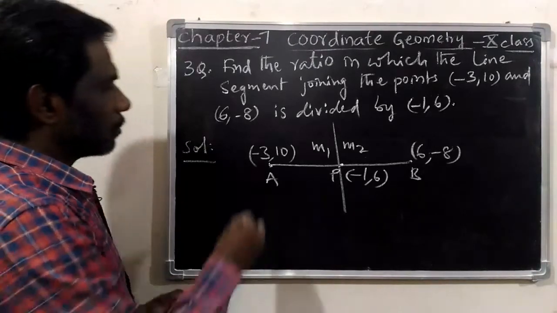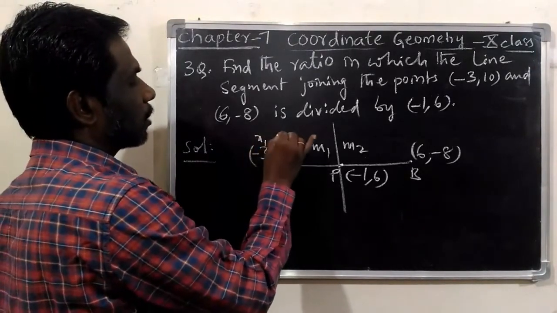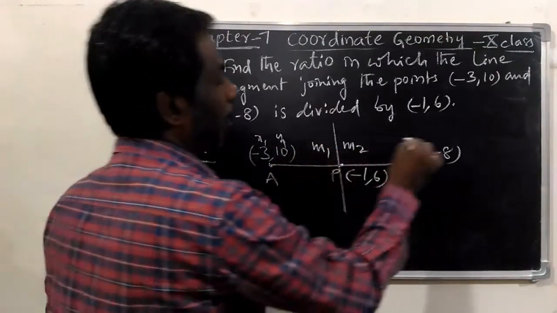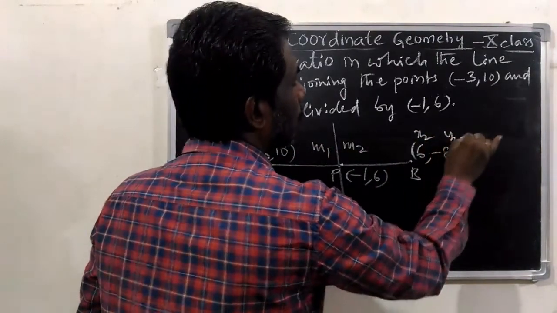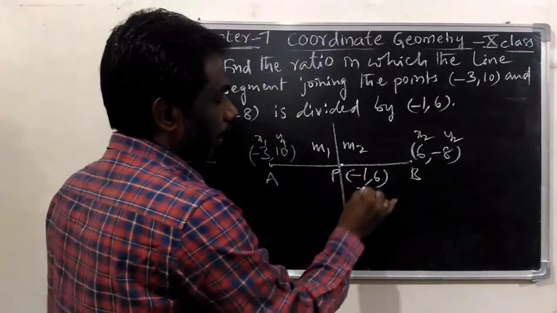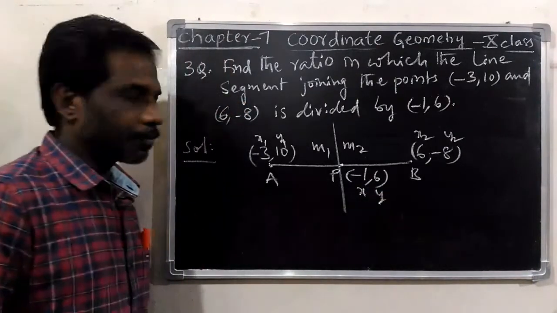So let the first point be (x1, y1), the second point be (x2, y2), and the dividing point coordinates be (x, y).